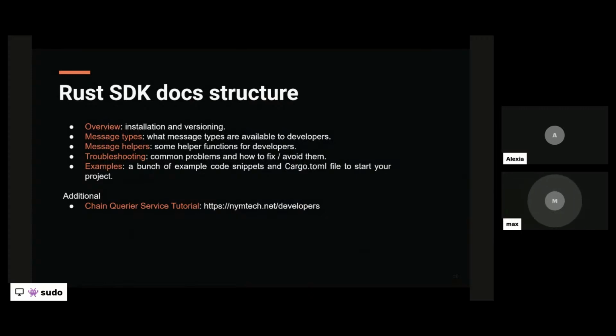What we also have is the chain query as service tutorial, which is a very simple tutorial based on a demo of how you interact with a Cosmos SDK based blockchain, and that is on the developer portal. Next slide, please.